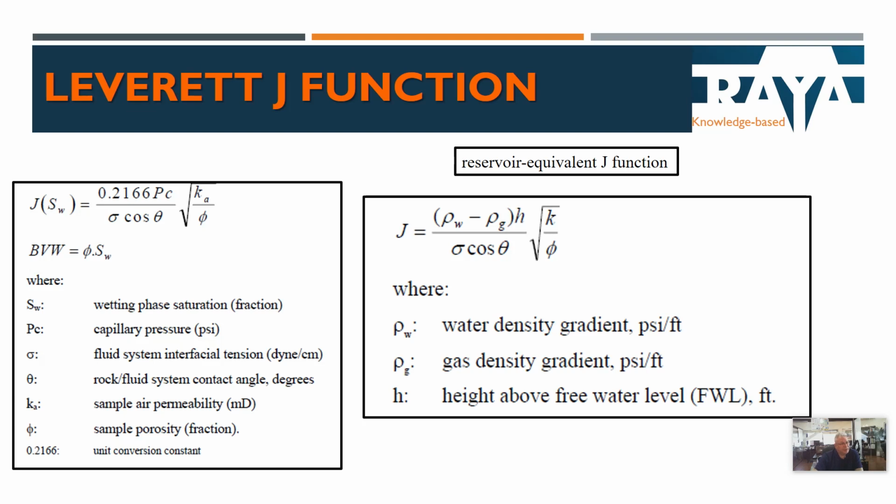The Leverett J function defines the formula used to calculate J function at laboratory condition and also reservoir condition. You see the equations use contact angle, interfacial tension, PC data, permeability, and porosity of the core.